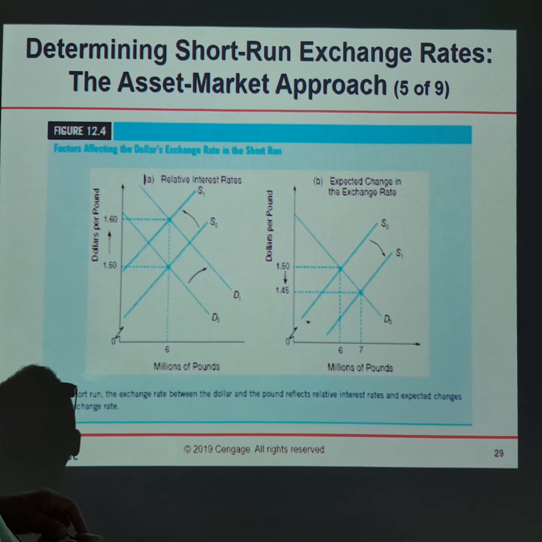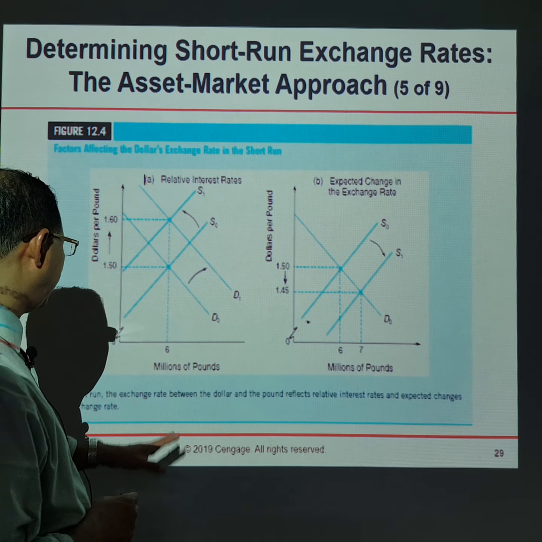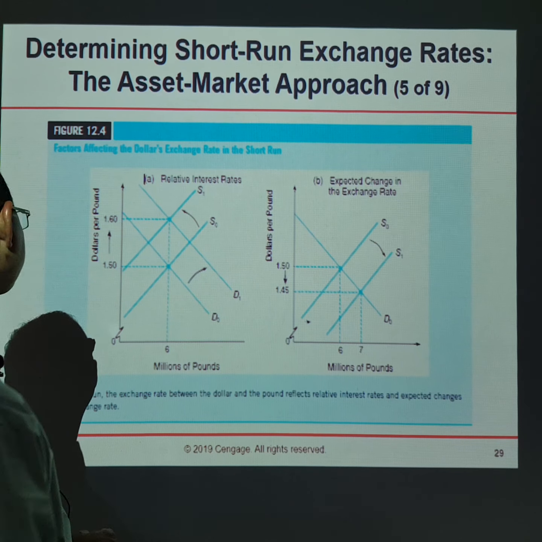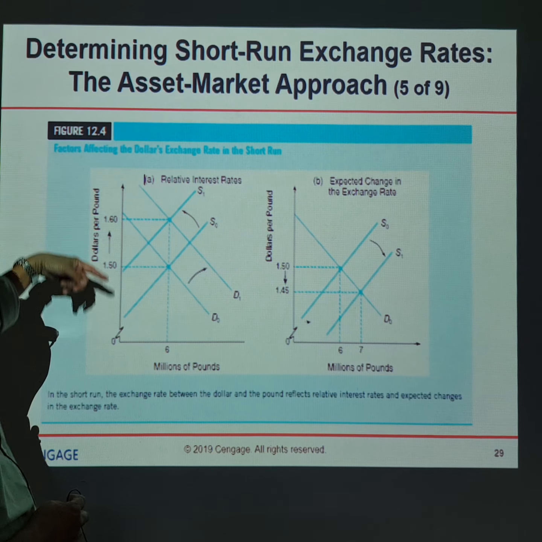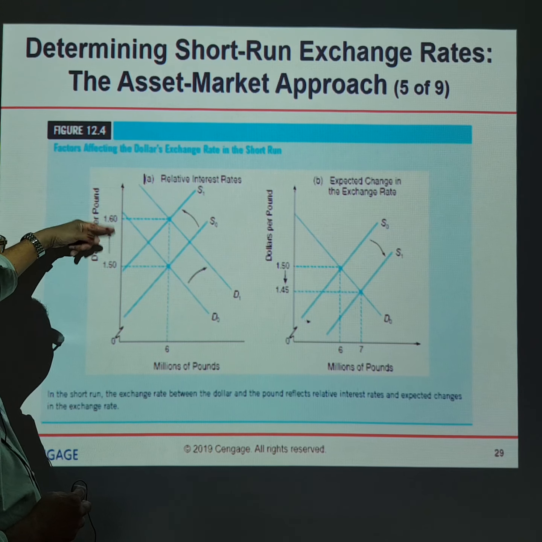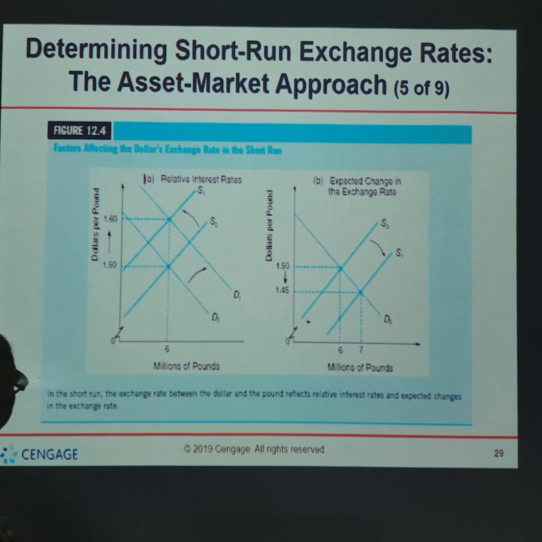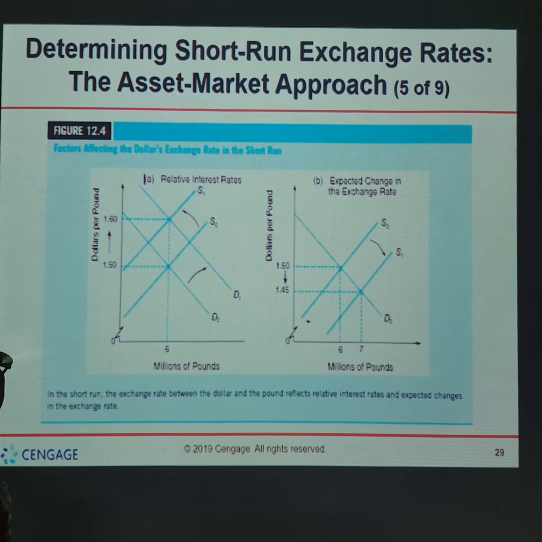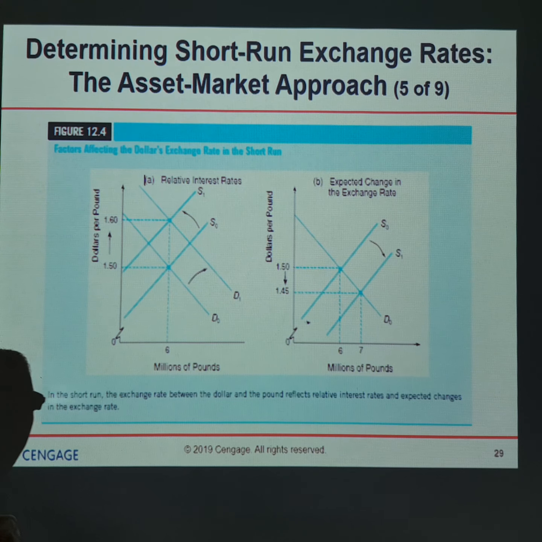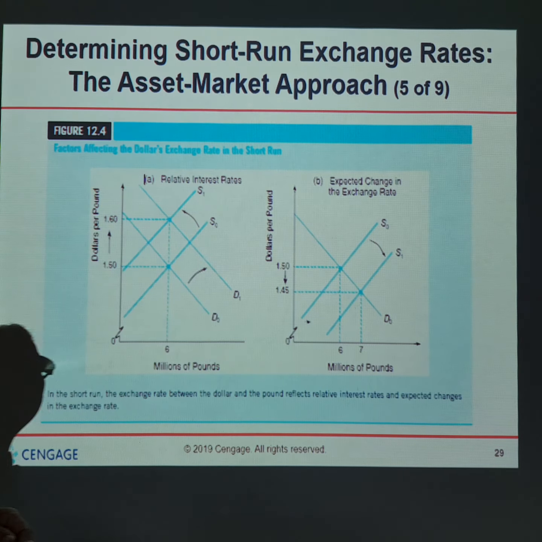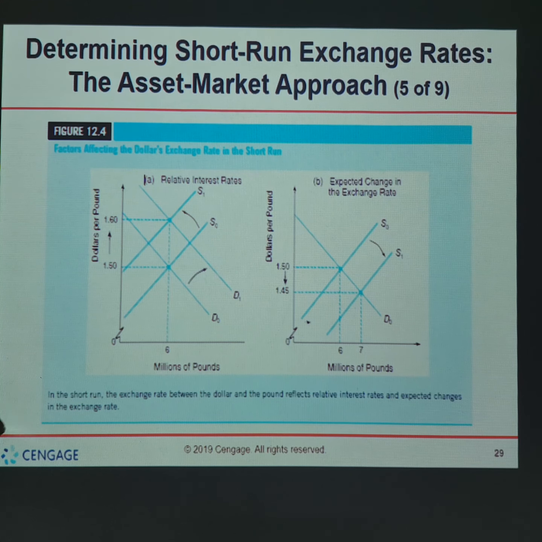So, here we have the market for pounds, with dollars per pound, and a depreciation of the dollar this way. Suppose, case A, the relative interest rate in the US is higher than in the UK.